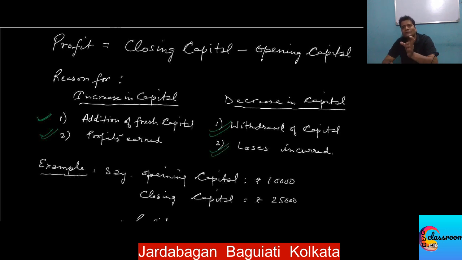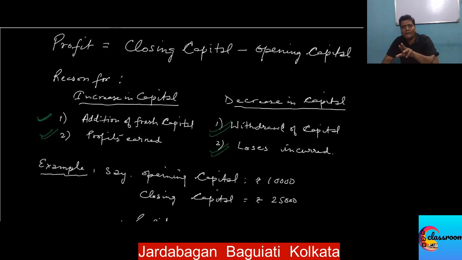So, from the closing capital, if we eliminate the effect of fresh introduction of capital, we get the adjusted closing capital, and then if we subtract the opening capital, we get the profit figure. Similarly, in case of withdrawal of capital, the closing capital might have reduced, right? So if we subtract the opening capital from that, we won't get the correct profits.